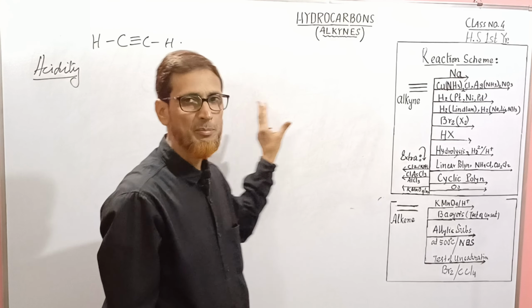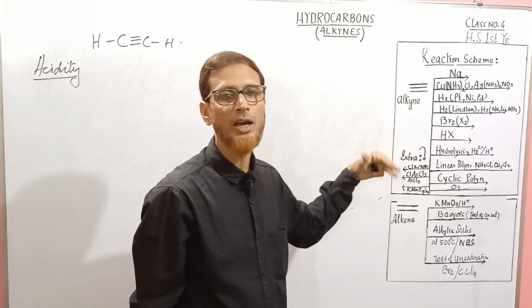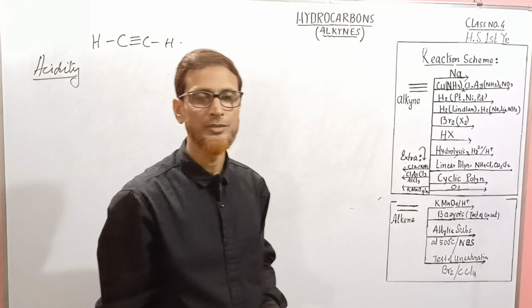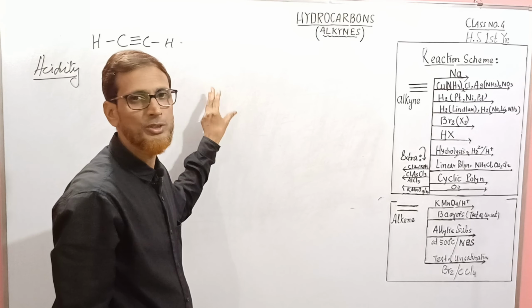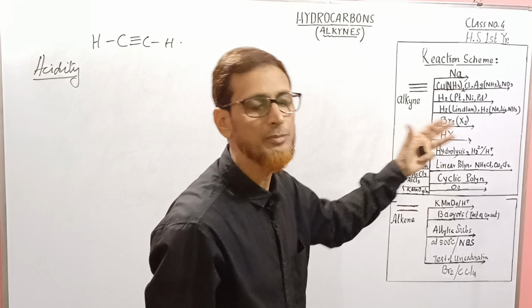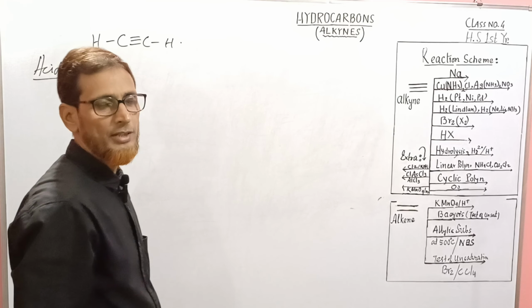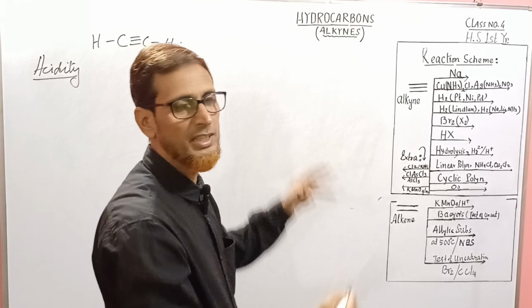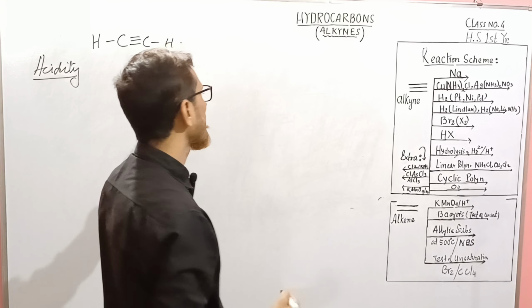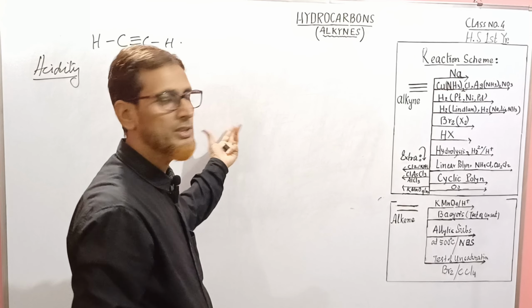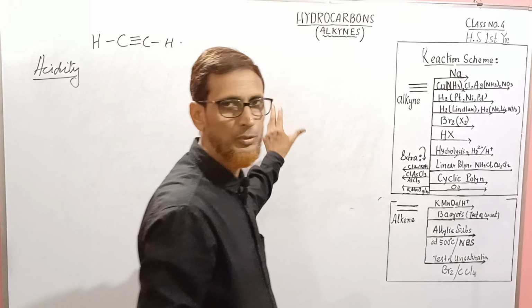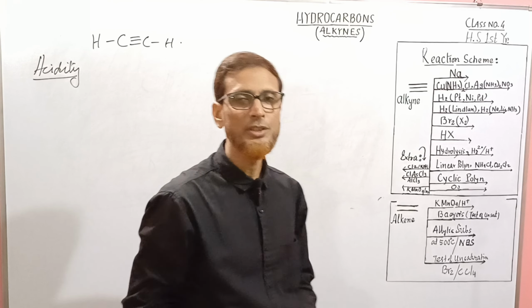When a substance is capable of donating one or more hydrogens as protons, it is called an acid. The substance must contain hydrogen, and that hydrogen should be released easily as H plus proton. If the release of proton is fast, the substance is a strong acid, and if the release is slow, it is called a weak acid.